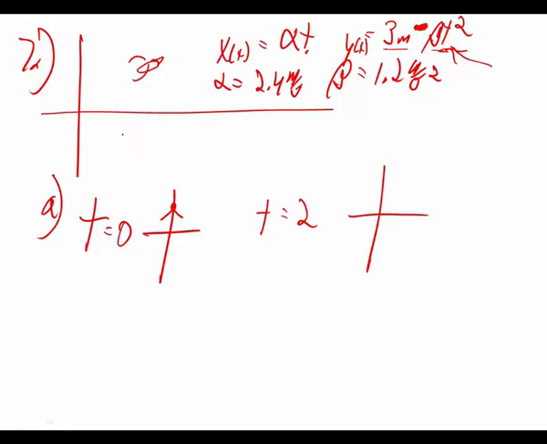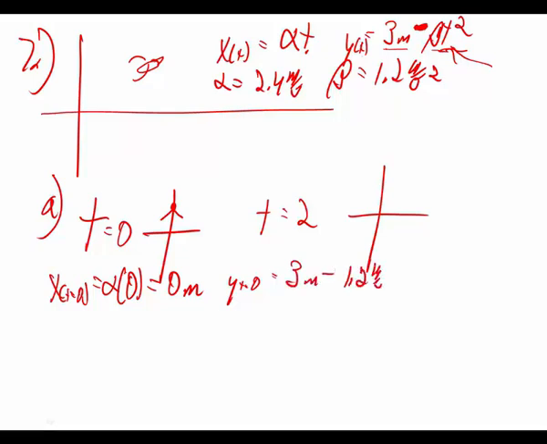All right, let's just plug it in. So we got x with respect to t equals 0. Alpha times 0, so that's equal to 0 meters. And then y at 0, we got 3 meters minus 1.2 meters per second squared times 0, and that's 3 meters.